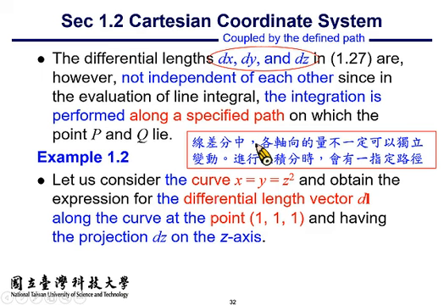to show the relationship. So let's consider a curve which is x equals y equals z to the square. Can you imagine what this is?